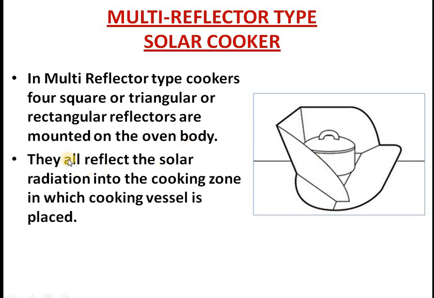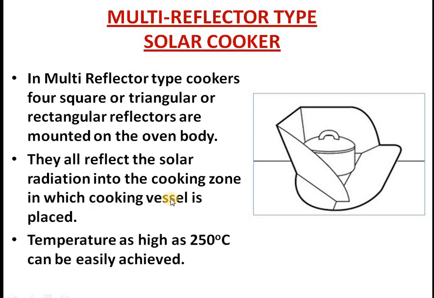The plates reflect the solar radiation into the cooking zone in which the cooking vessel is placed. You can achieve a very high temperature, as high as 250 degrees Celsius, easily. So the efficiency of this multi-reflector cooker is much better than that of a box type cooker.